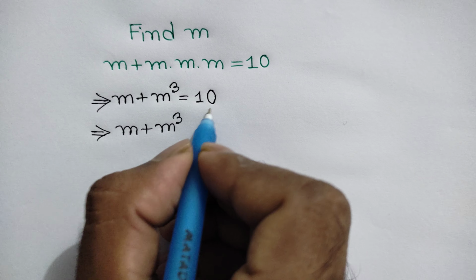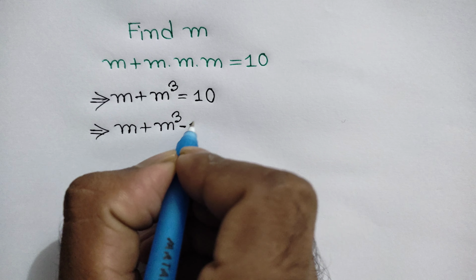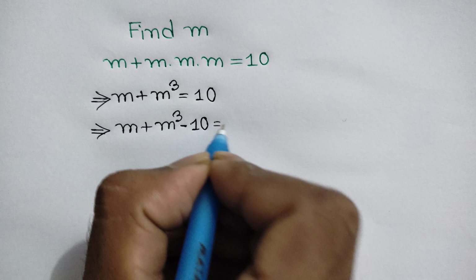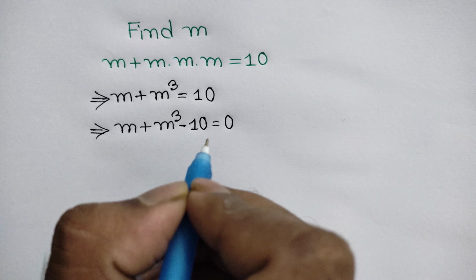Now taking this 10 to left side, we will get negative 10 is equal to 0.